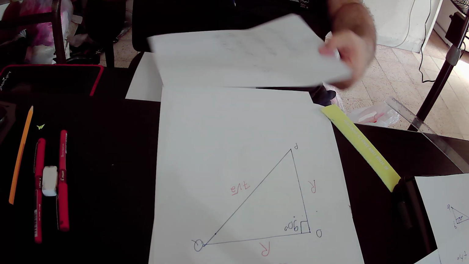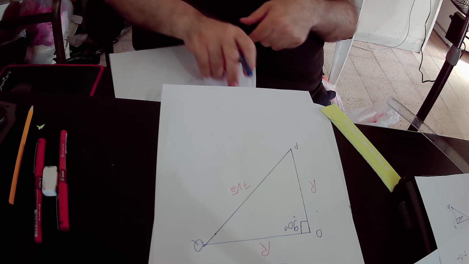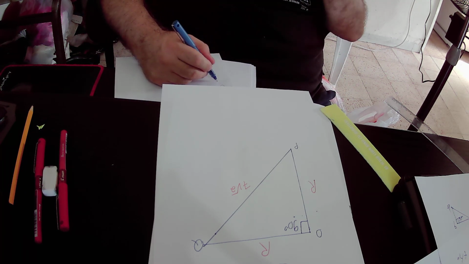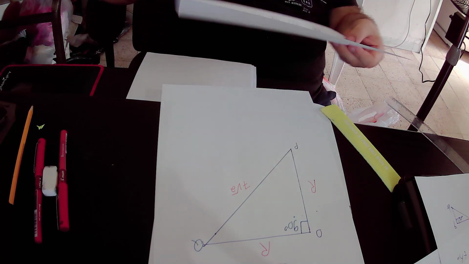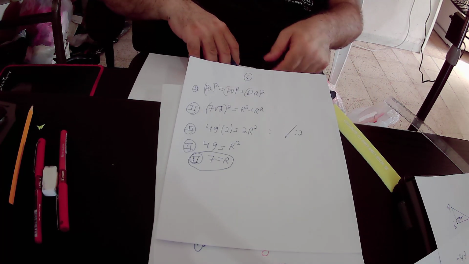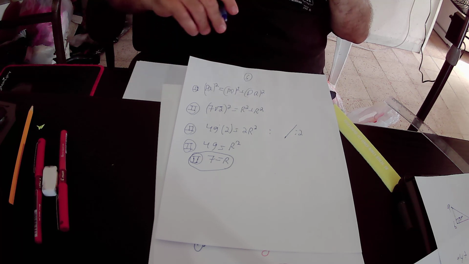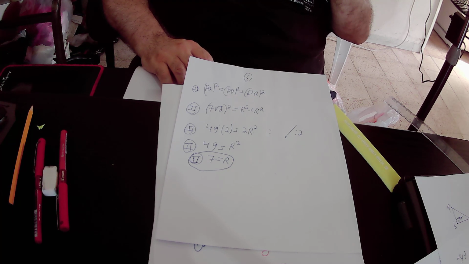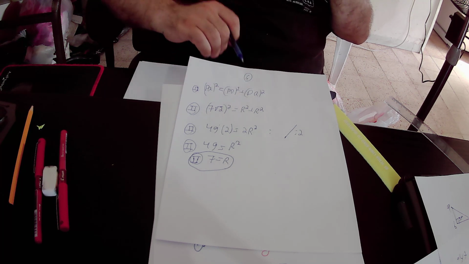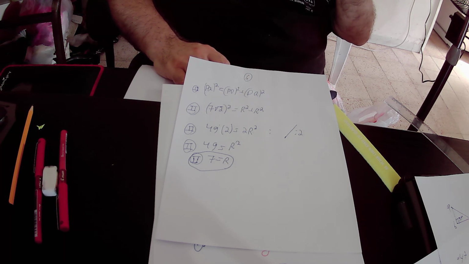We will get that the root of 49 equals 7, the root of R square equals R, so capital R equals 7 units.